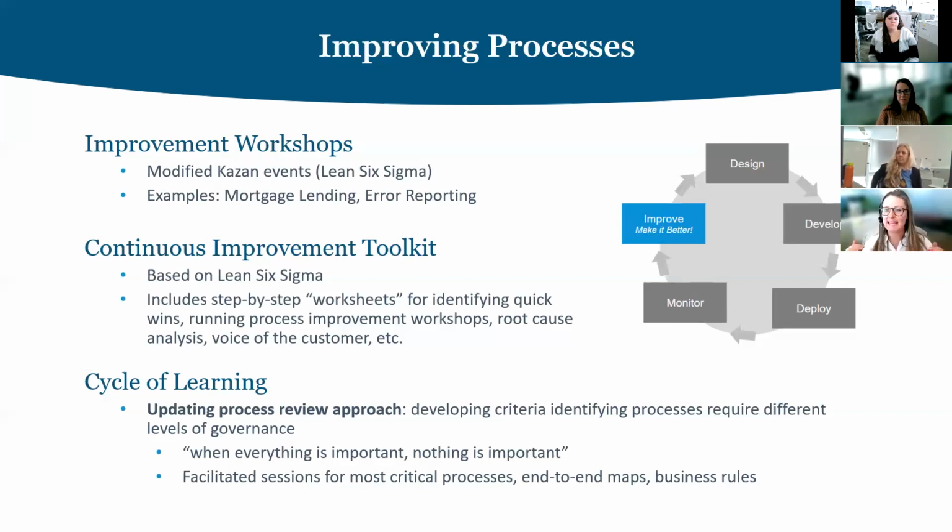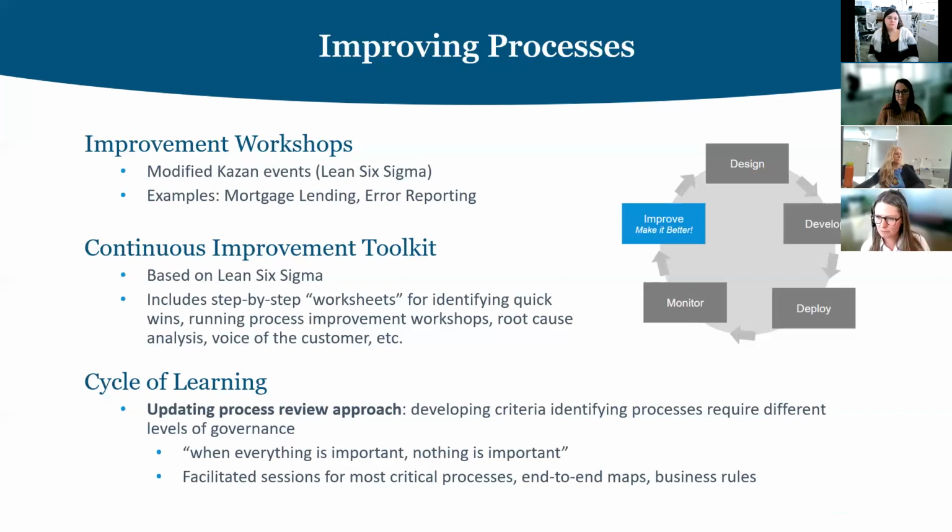To the extent that we can, we're really trying to also string some of these processes together. Right now, we have a lot of processes that are sort of small and contained, and we're looking to string those together into more end-to-end experiences. And so a couple of the improvement workshops that we've recently done have been for some of our larger processes, for mortgage lending and on error reporting.